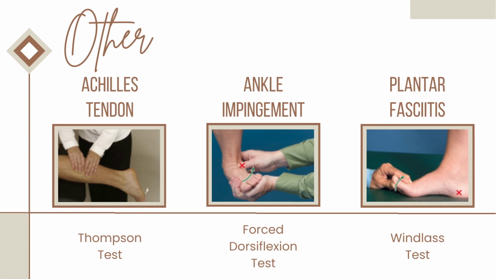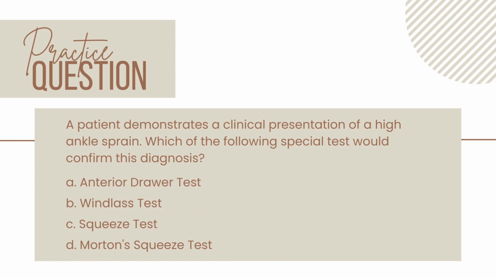Practice question. A patient demonstrates a clinical presentation of a high ankle sprain. Which of the following tests would confirm this diagnosis? A. Anterior drawer test. B. Windlass test. C. Squeeze test. D. Morton's squeeze test.